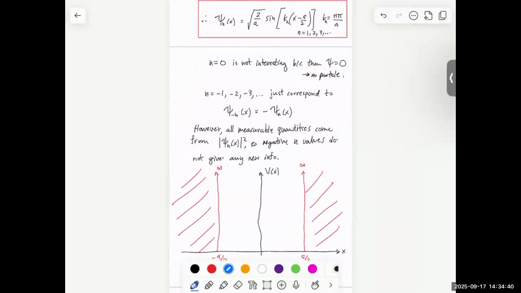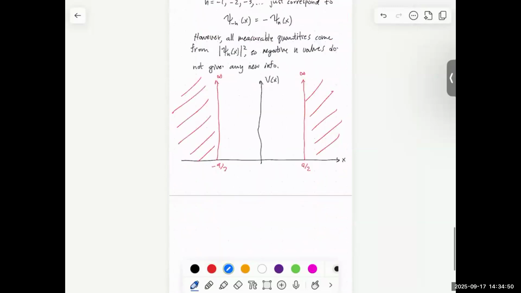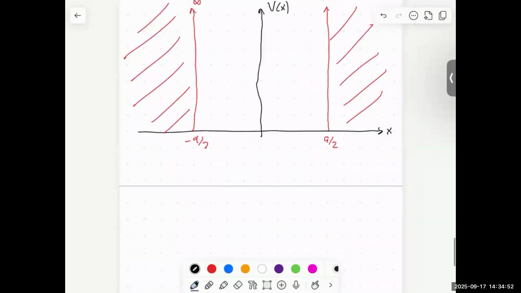Let's put in n equals 1. Then k is pi over a. So n equals 1, k1 is equal to 2 pi over lambda if it's a wave number, and that's also equal to pi over a.